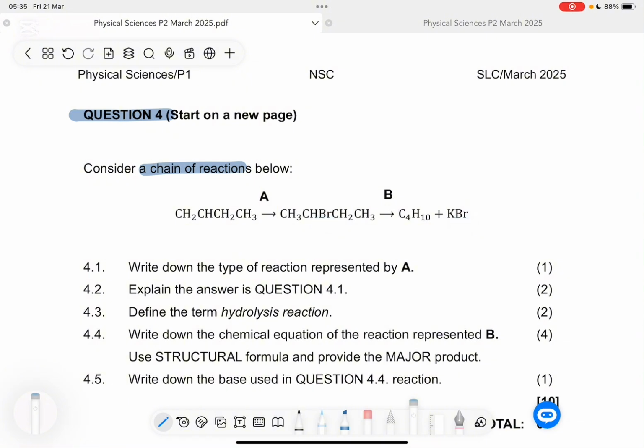And this is a salt. If you remember your reactions properly, the reaction where we form this type of product is called a substitution reaction, particularly hydrolysis, because what we have done here is substituted the bromine.